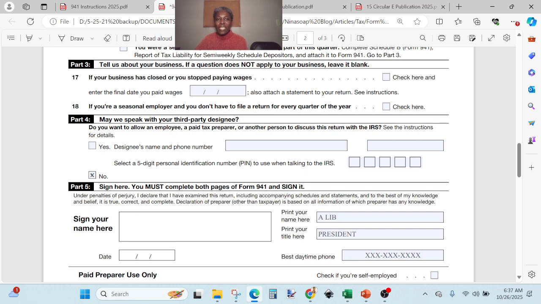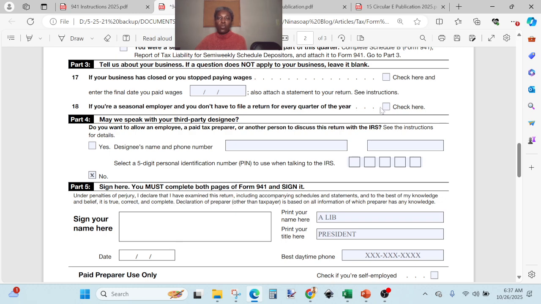If you are a seasonal employer, you will check that box, and that just means you are telling the IRS that some part of the year you employ people, some part of the year you don't. Therefore, for the part of the year that you employ people, you will file this Form 941 for those quarters, and for the quarters that you do not employ people, you are not going to file this form.